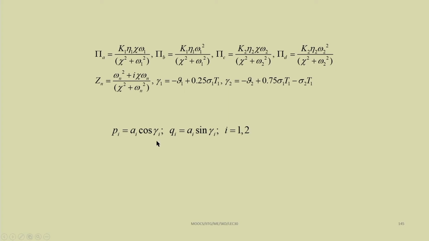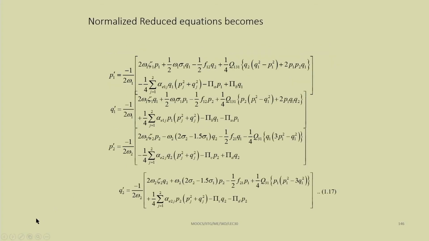Similar to the previous case, here we can make the transformation Pi equal to Ai cos gamma i and Qi equal to Ai sin gamma i, where i equal to 1 to 2. So, we have these 4 variables.